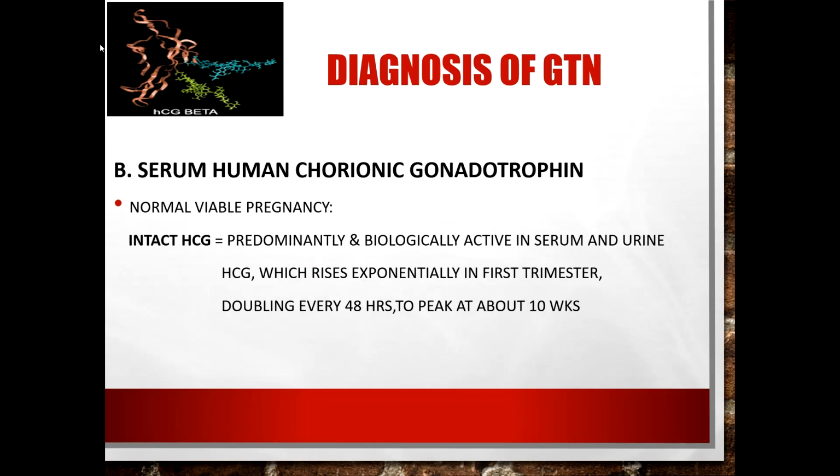In normal viable pregnancy, it is the intact HCG which is predominantly and biologically active in the serum and urine, which rises exponentially in the first trimester, doubling every 48 hours, and peaks at about 10 weeks.